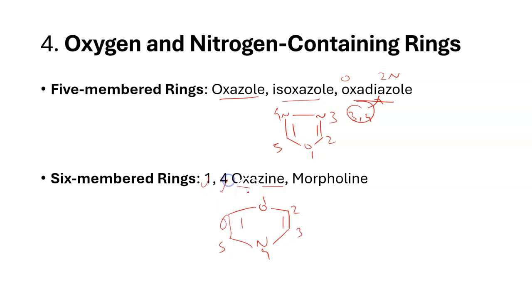So 1 and 4 are oxygen and nitrogen. 1,4-oxazine. Morpholine is the same structure, but morpholine does not contain any double bond. It will contain hydrogen, and numbering will start again from oxygen 1, 2, 3, 4, 5, 6. It will contain a hydrogen on the nitrogen, and here also it will contain the hydrogen. I missed that. So these are the structures of 1,4-oxazine and morpholine. There will be no double bond in the case of morpholine.